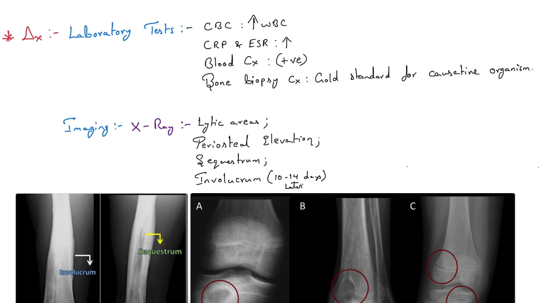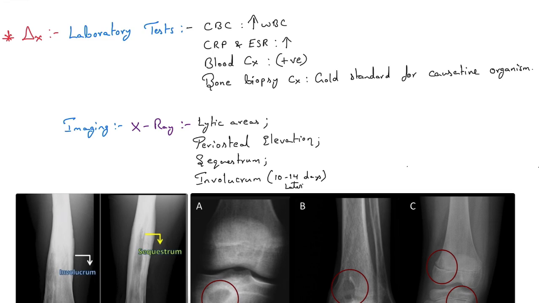We can do a blood culture, which easily shows positivity in hematogenous spread. And we can do a bone biopsy. Bone biopsy culture is the gold standard for identifying causative organisms. Based on that organism we can start antibiotics or management.